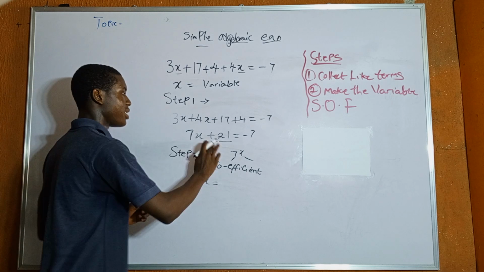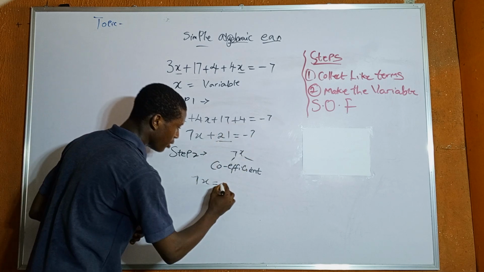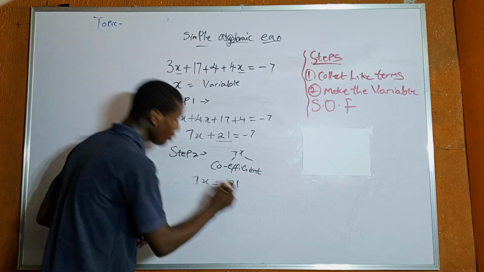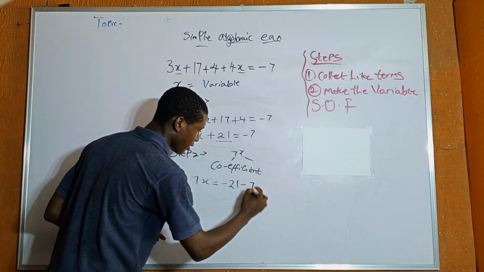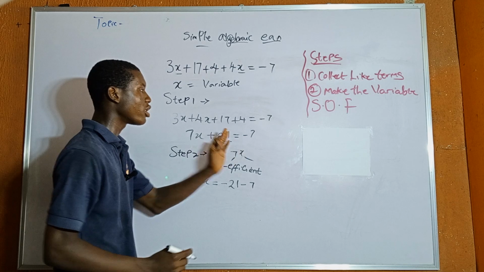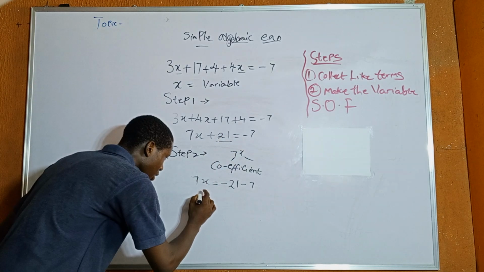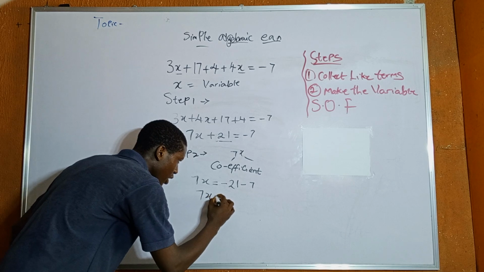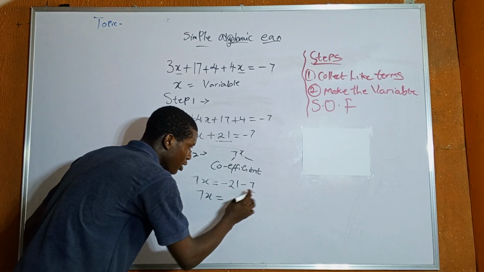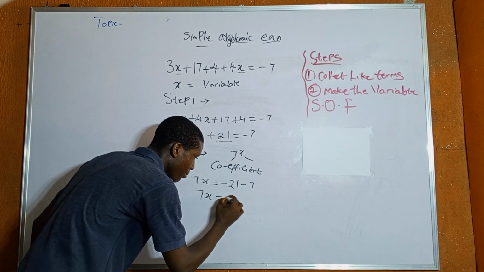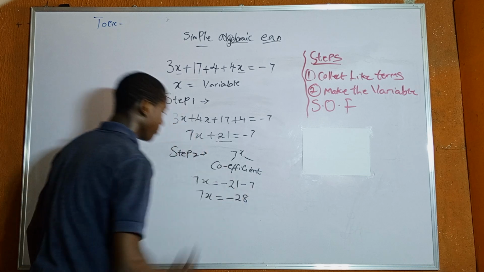So let us do that. Now this plus 21 will become negative 21 minus 7. Now this one doesn't change because it is already on this part of the equation. So this will give us 7x equals minus 21 minus 7 gives us minus 28.